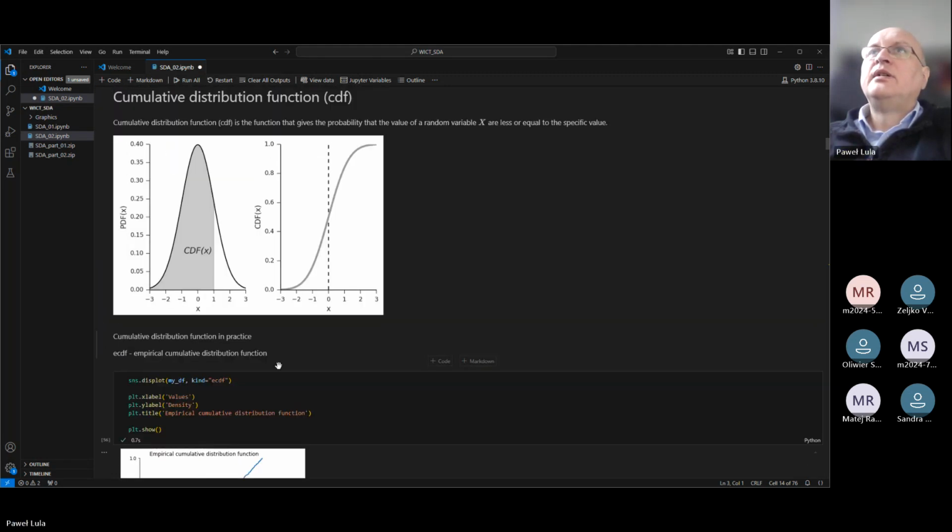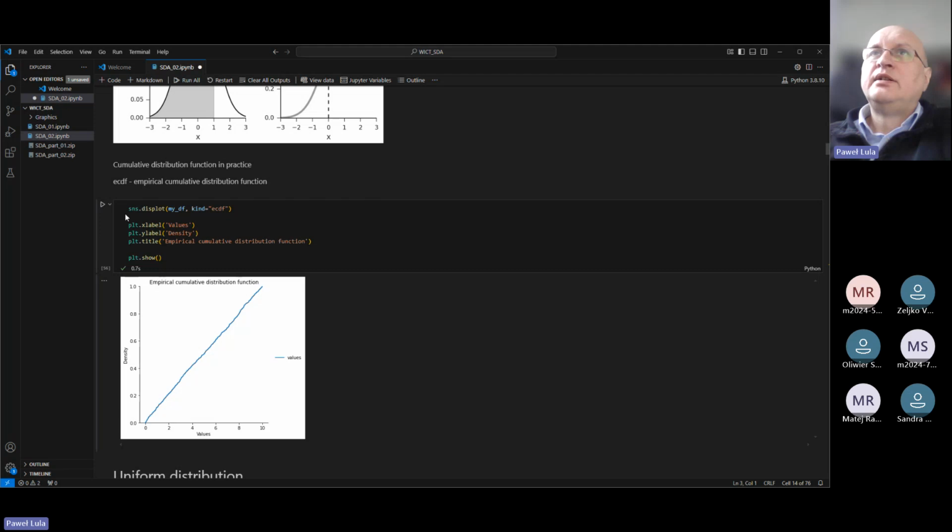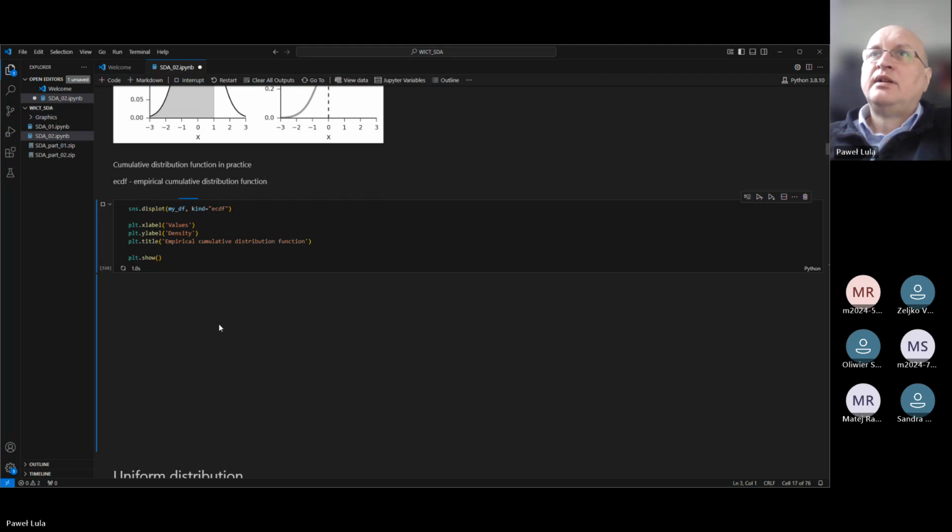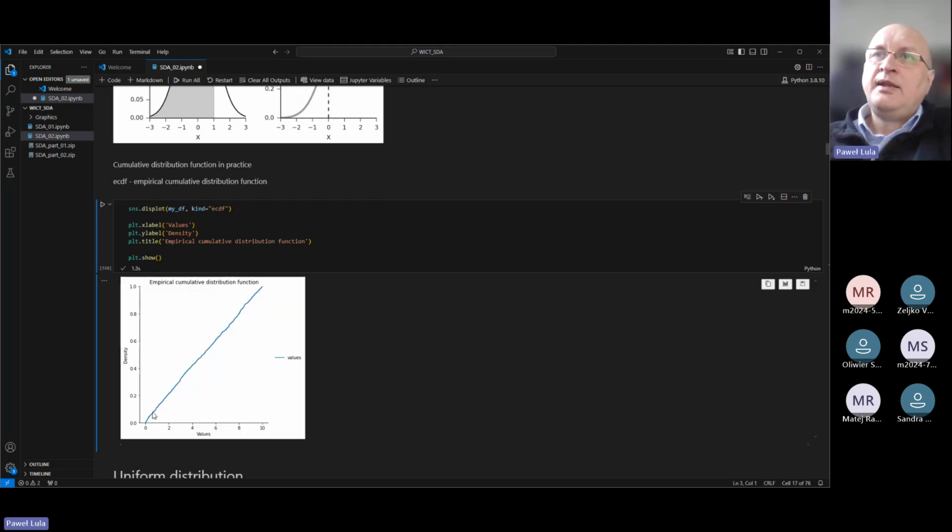And here I generated a plot of the cumulative distribution function for our data. It is, we see, a very, very simple plot.